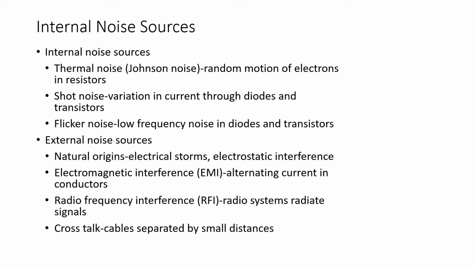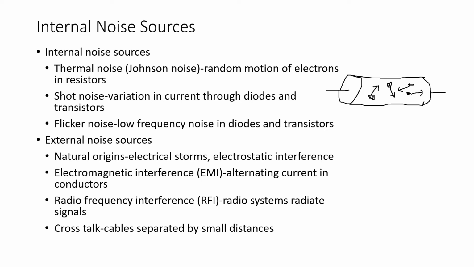So we think about a resistor and draw a little sketch here of a resistor. At any temperature above absolute zero, inside of a resistor there are going to be electrons moving from point to point, just randomly moving about, helter-skelter, to and fro inside this resistive element.